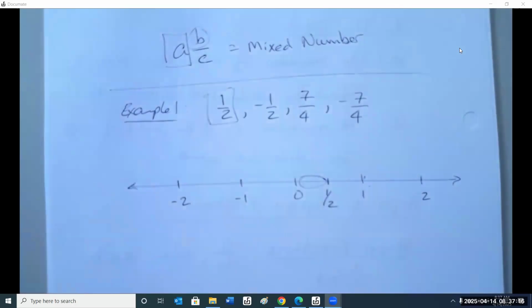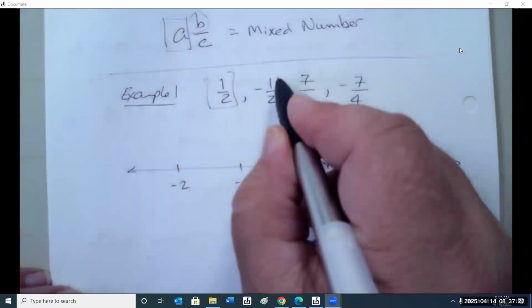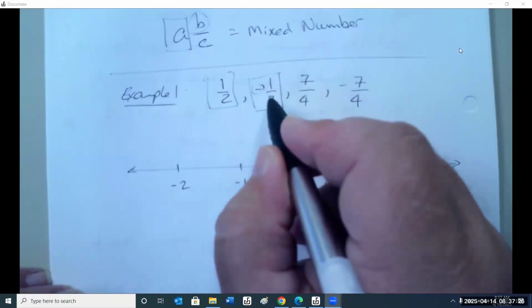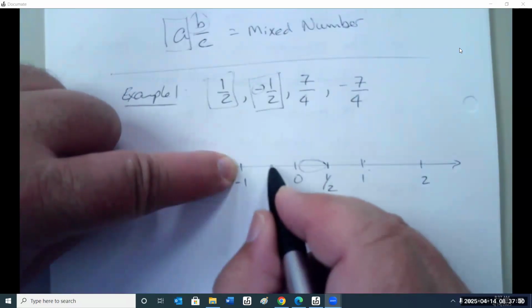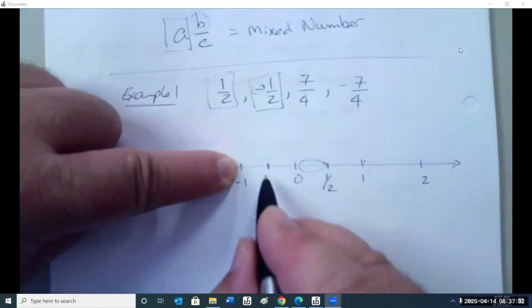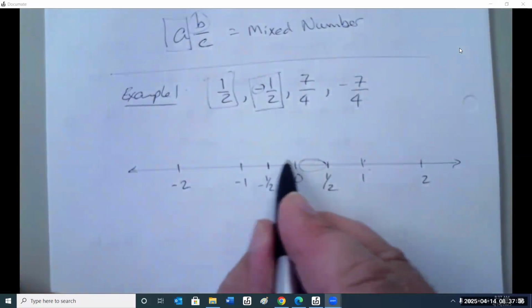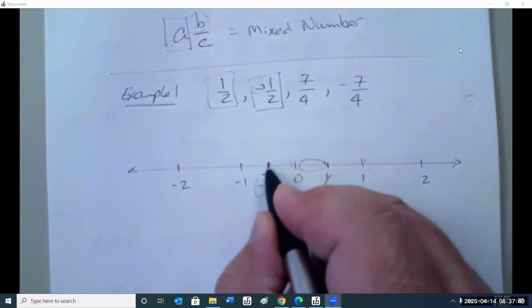That's that much. Negative 1/2, it's on the negative side, and it's less than 1 also, so it's between 0 and 1. Make it into halves, and there's your negative 1/2. That's where it's located.